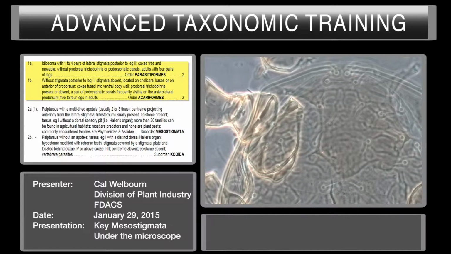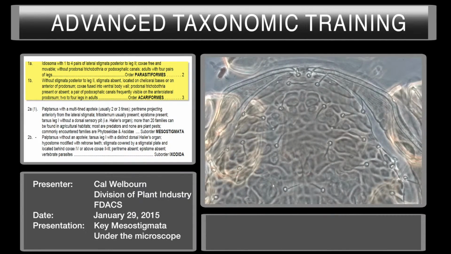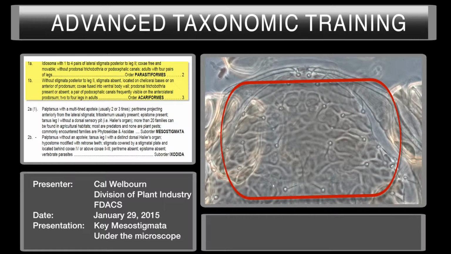So now we're going to look for the prodorsum. Look for trichobothria. Here is the prodorsum. One giveaway that tells you it's not an acariform mite is the fact that we have multiple setae on the prodorsal area. As far as plant mites, there aren't any that have multiple setae like this on the prodorsal.